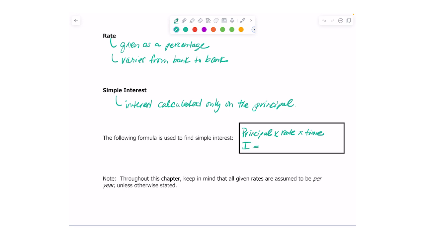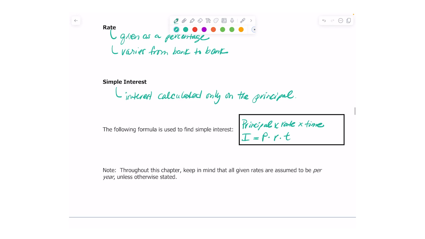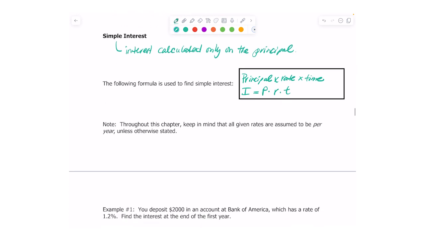So you can think of it as interest equals principal times rate times time, P times R times T. And just keep in mind throughout this chapter that all the given rates are assumed to be per year unless it's stated otherwise. Okay, so that's annual.